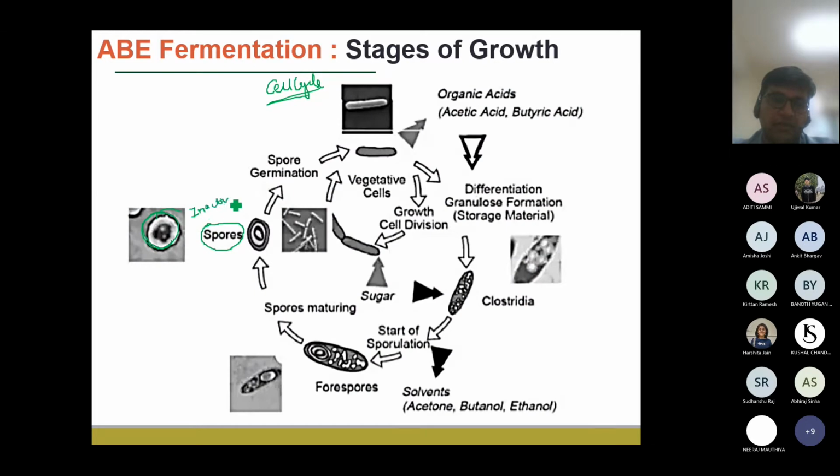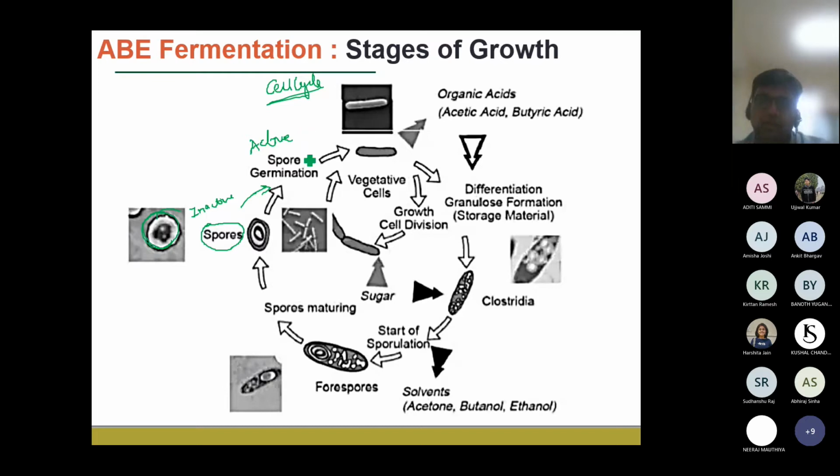In the sporulated stage, it forms spores in which it tries to resist itself from the outside environment. It is creating a shell around itself. But it has to be brought back to the metabolically active stage, and only then will it start to produce the organic acids, or the solvents.